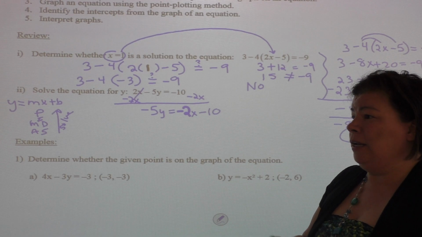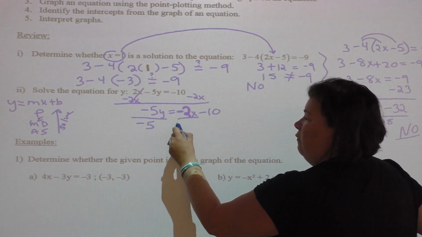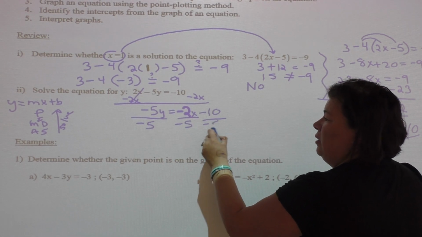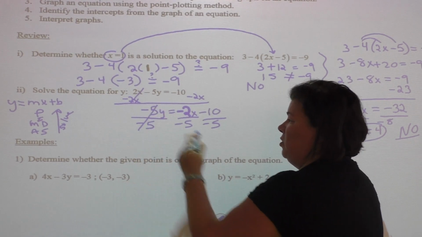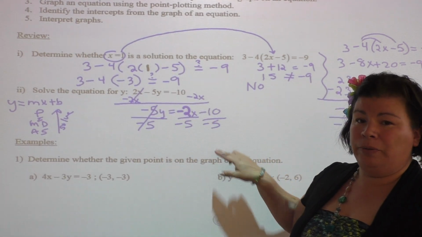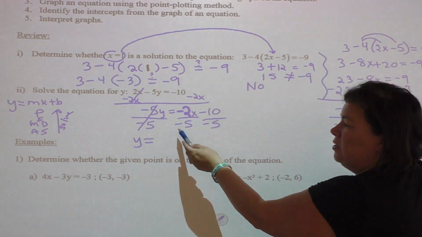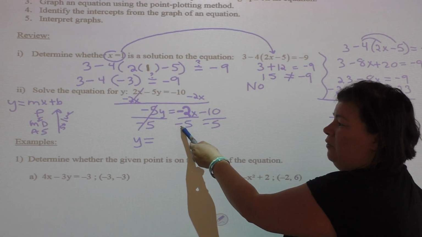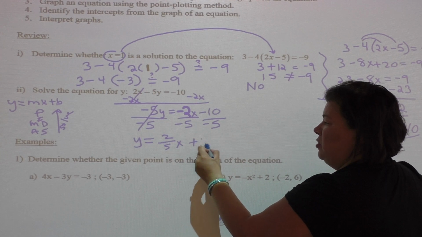From this point on, you could divide both sides by -5, and make sure that you simplify all fractions as much as you possibly can, and divide each and every term by -5. For example, a negative divided by a negative is a positive, and here we get +2.